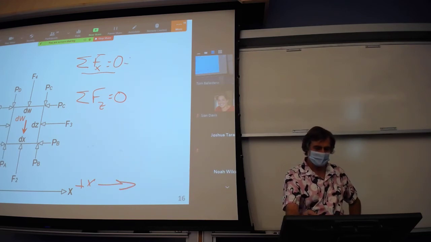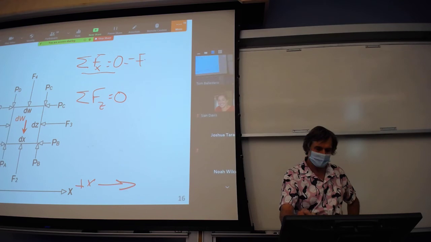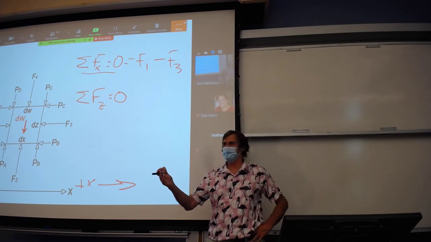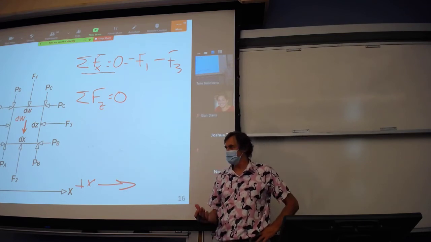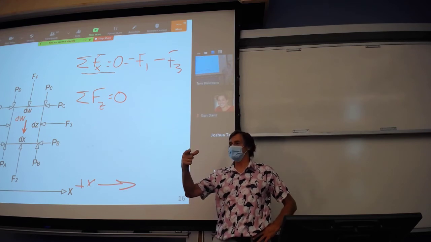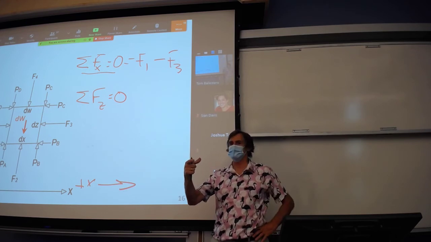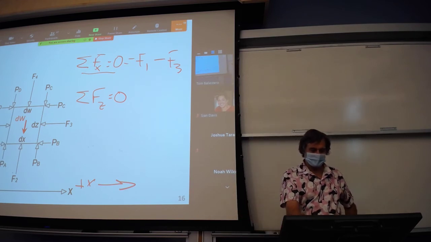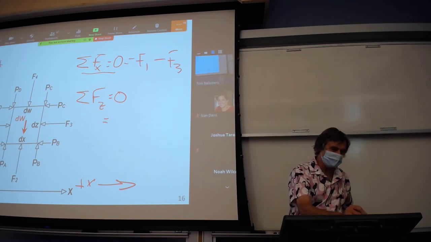We would say that we've got F1 minus F3. And is there any weight component in the x direction? No. Why? Because we judiciously selected x and y to be orthogonal to gravity. There's no gravitational component. Whereas in the z direction, you would see that we would have, again, positive z is up.